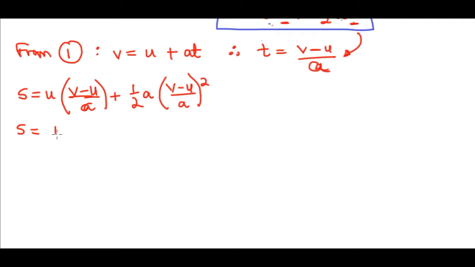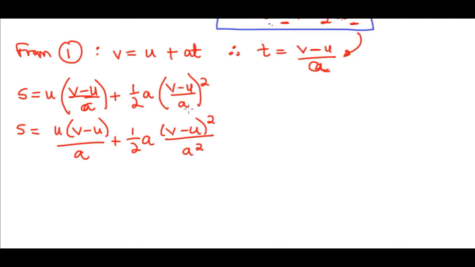Let me rewrite it nicely as v minus u squared over a squared, because the factor v minus u over a is being squared. So I'm going to write it like that.